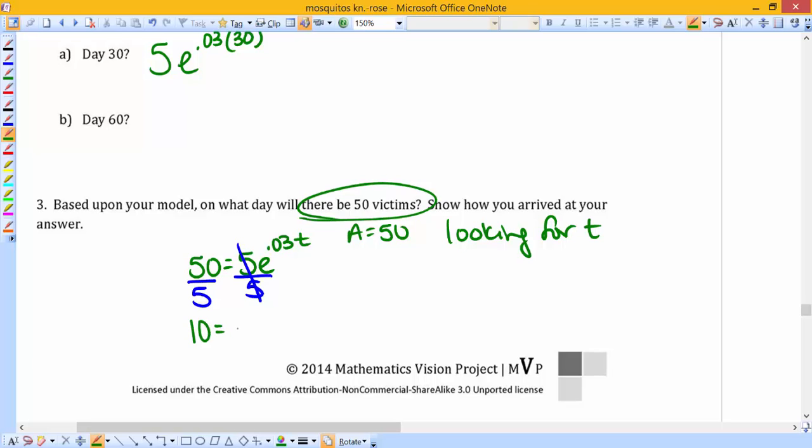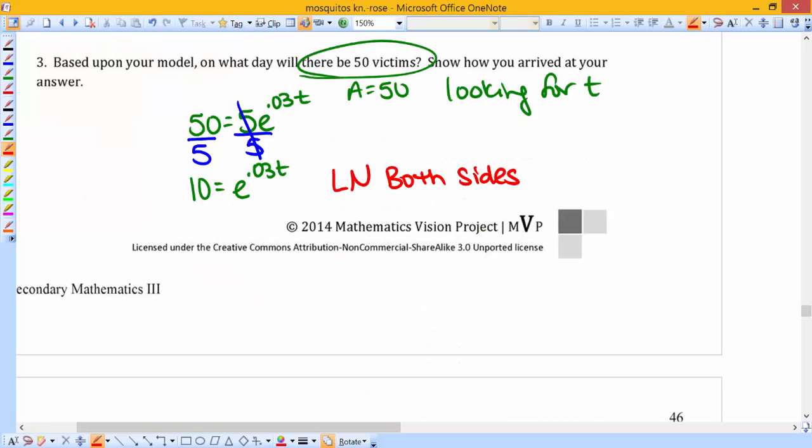So I have 10 equals e to the 0.03t. Now, in order for me to solve for my exponent, my variable is my exponent, I have to ln both sides. Just like I would log both sides back in 2.4 and 2.5, I had to use log.